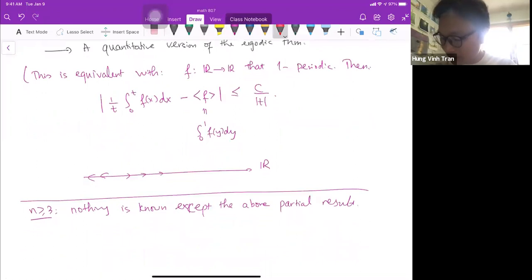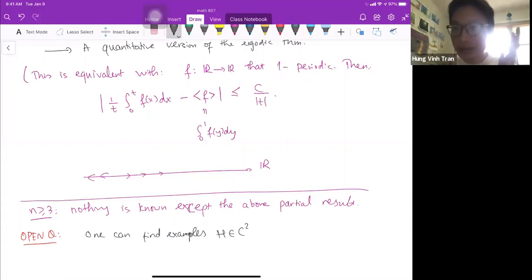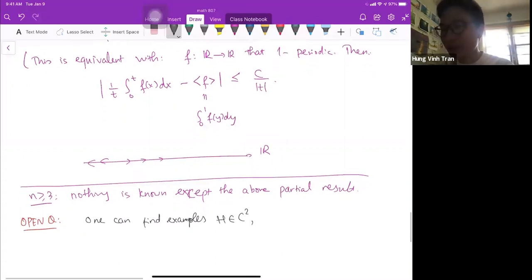So my belief about the open question is that it could be the case that one can find examples of h that is C2. Again, I said earlier I have one example where h is not differentiable, and that's sort of cheating.